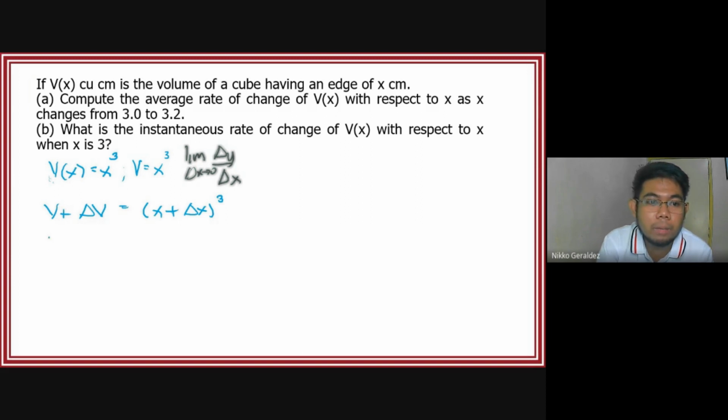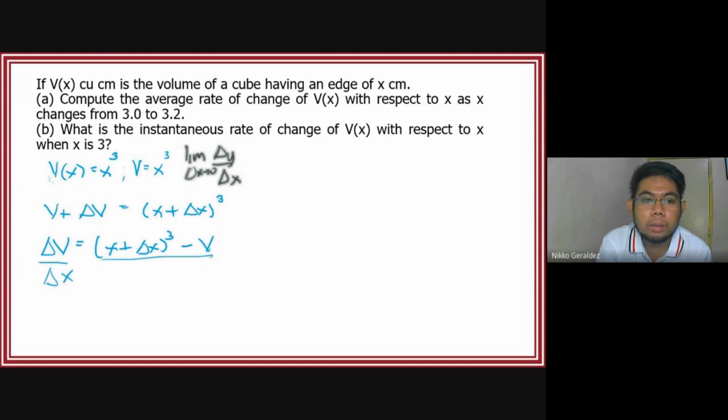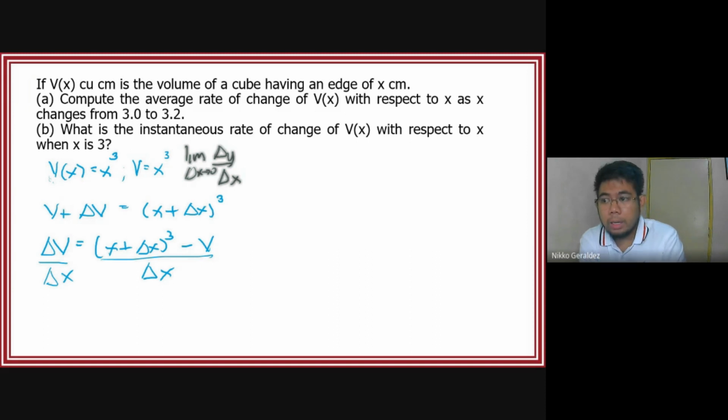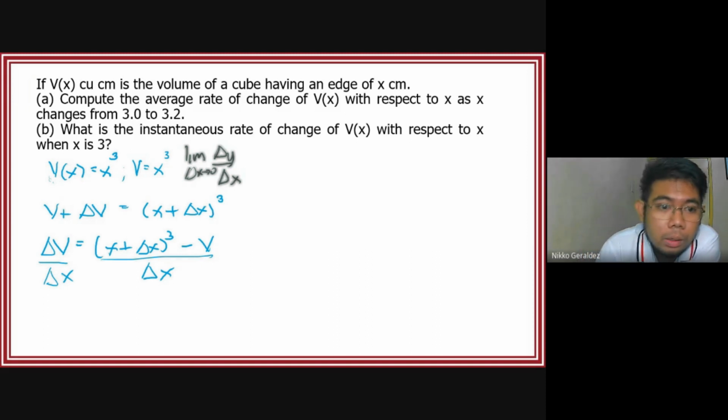So we have delta v is equal to x plus delta x cubed minus v. Then, divide both sides by delta x. So meron na tayong difference quotient. Next, simplify.